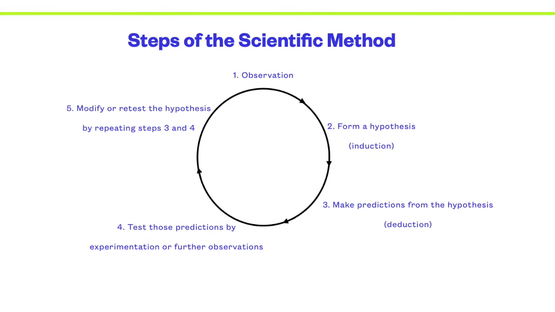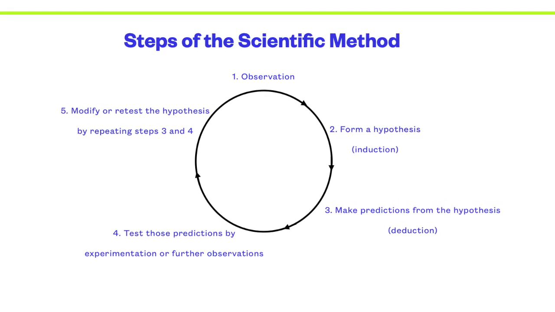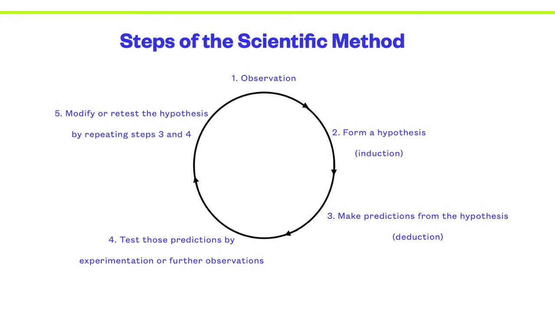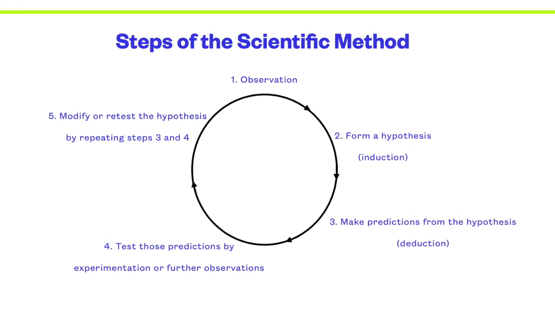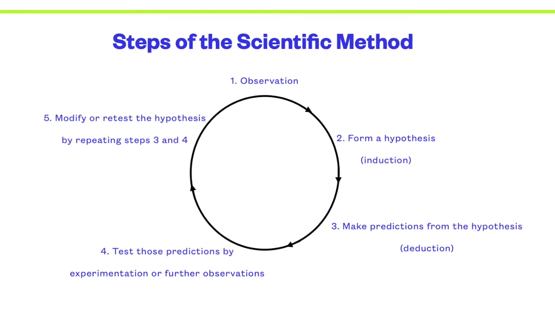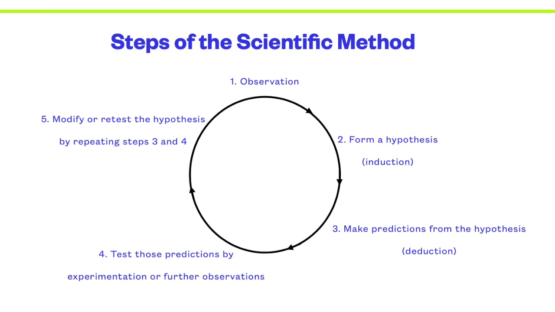That's deduction. And 4, we test those predictions by experiments or further observations. And 5, we modify or retest the hypothesis by repeating steps 3 and 4. Note that some people add a question as a separate step before the hypothesis.